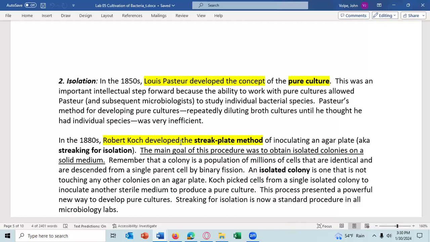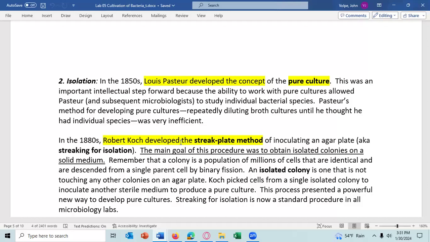Louis Pasteur also developed a method for obtaining a pure culture, and his way of getting a pure culture was very laborious and took a long time. You made different dilutions of your sample, and then you plated each dilution 10 times.